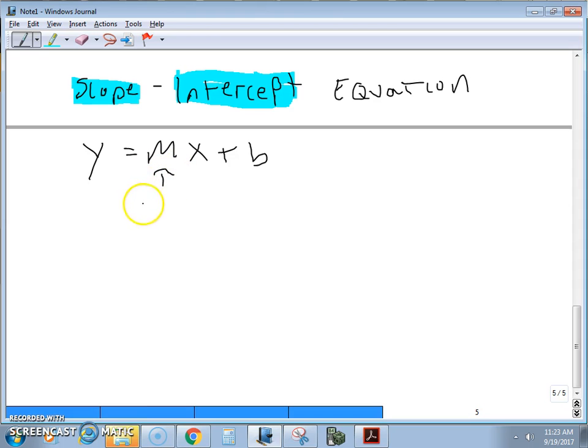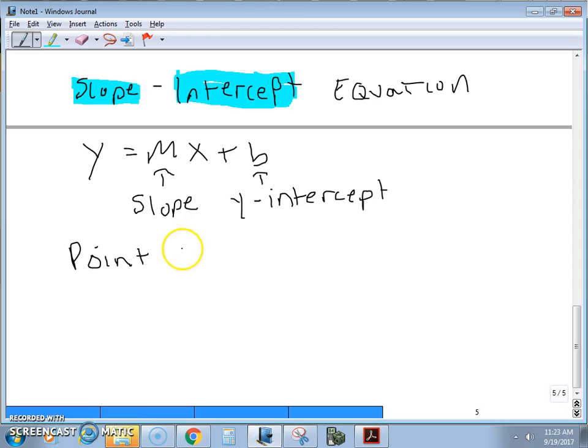We know how to find our slope. And this is just our y-intercept. Okay? The other one I want to talk about is point slope form.